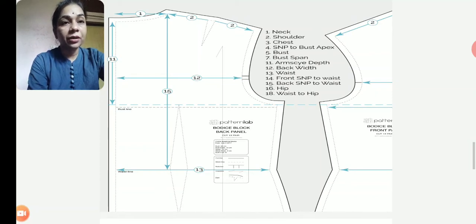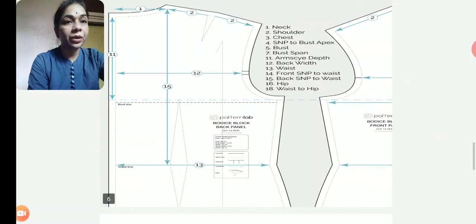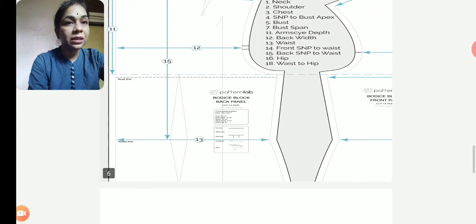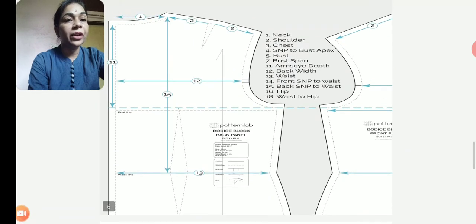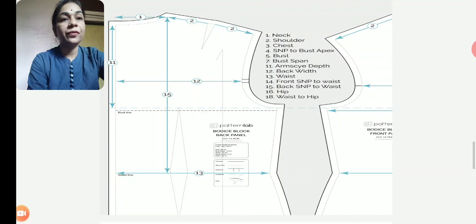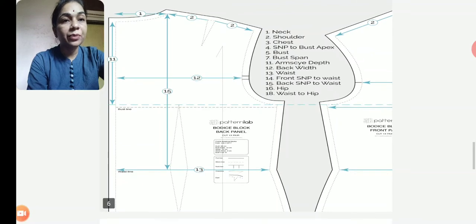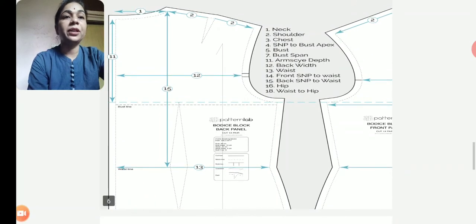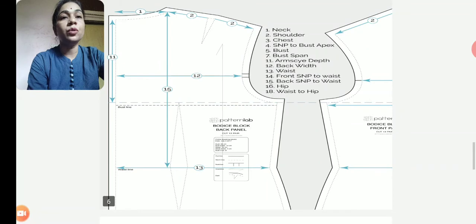Number 11 is arm side depth. Then number 12, back width. Number 13, waist. Number 14, front SNP to waist. Number 15, back SNP to waist, and number 16, hip, and number 18, waist to hip.